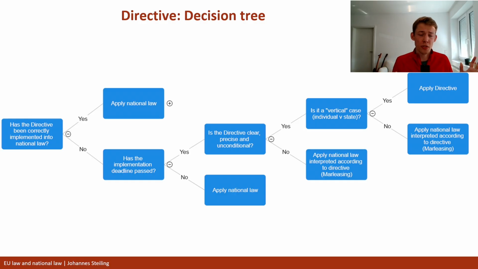So I think most of the problems that you will face in EU law are better understood if you understand these basic principles of EU law and the relationship between EU law and national law, and why we can have conflicts between these two legal orders in the first place.